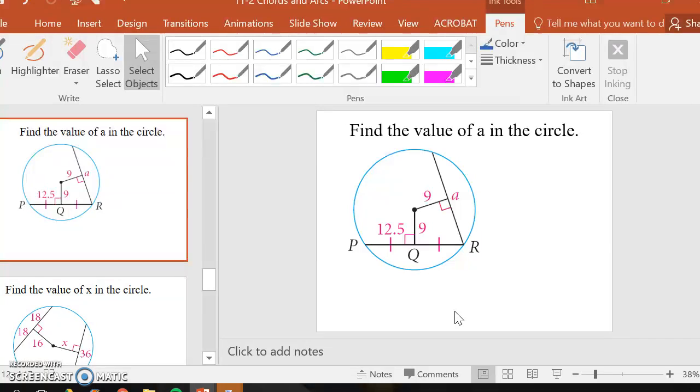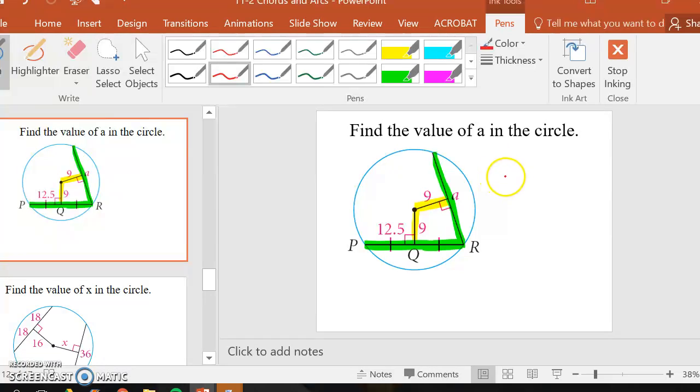Next example. Find the value of A in the circle. Well, A in this case is a chord. Now, if we look at the distance from the center, you see how I get this right angle here. Since these distances are both 9 units long, what I know is these two chords are congruent.